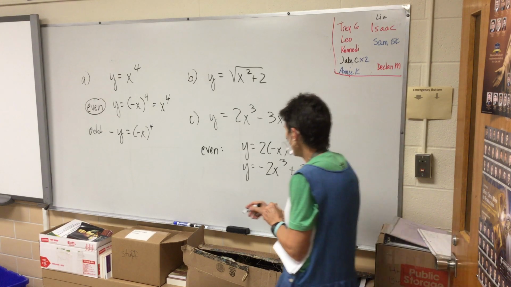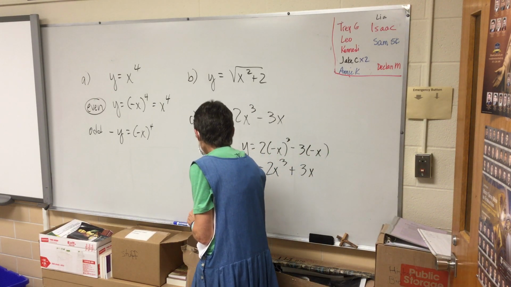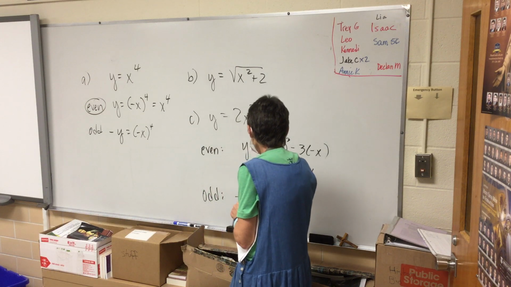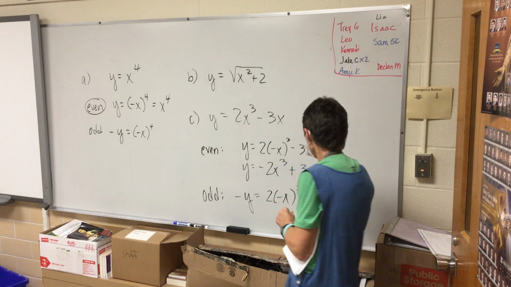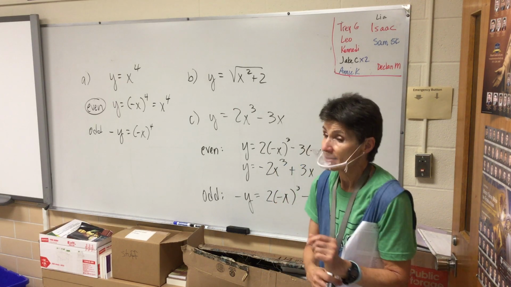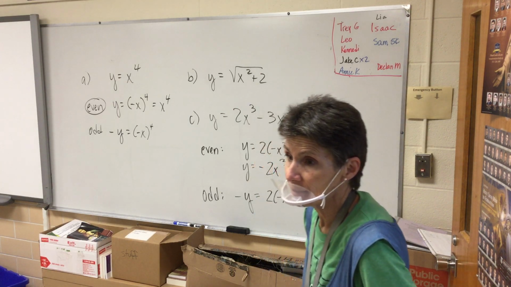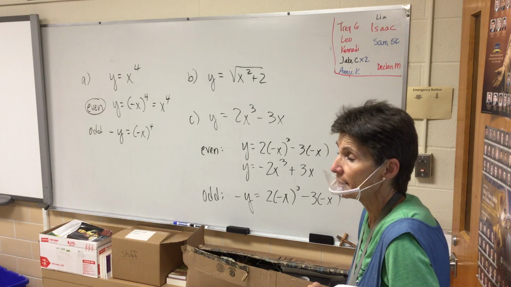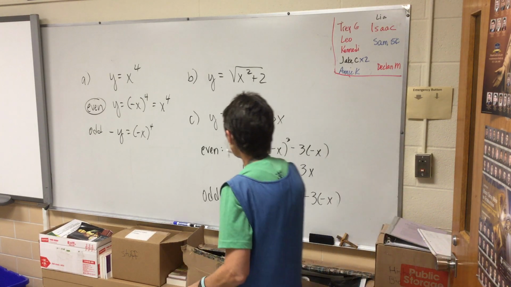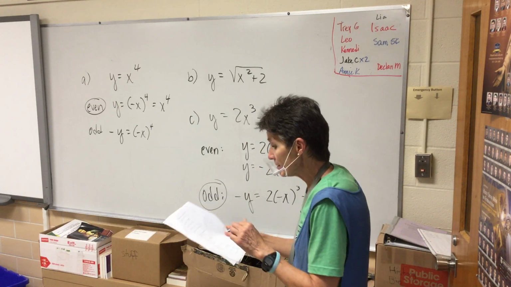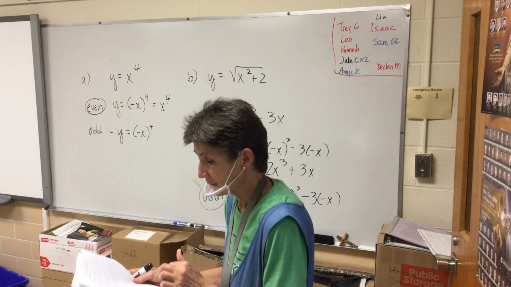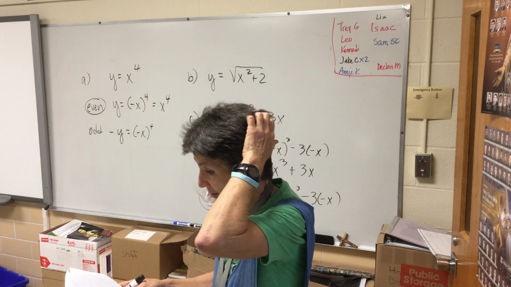But now when I do odd, I'll change the y also. Is that one going to simplify to be the original? Yeah, it is. So C is an example of an odd function. So A and B were even, but C is odd.